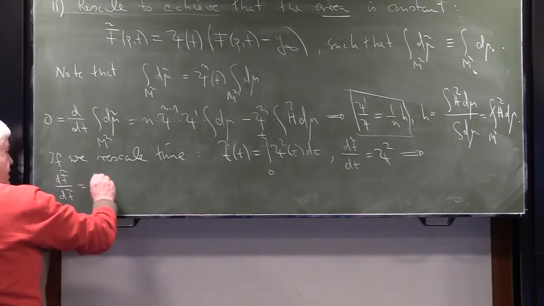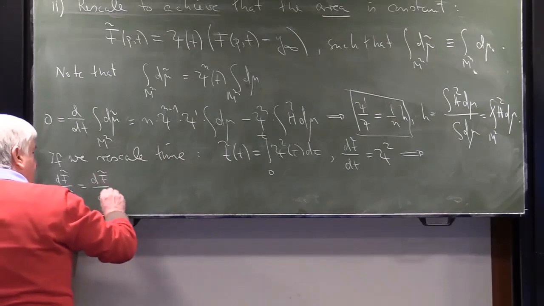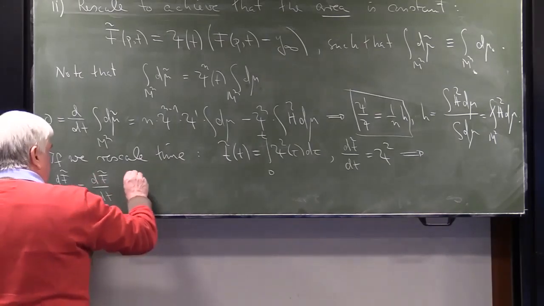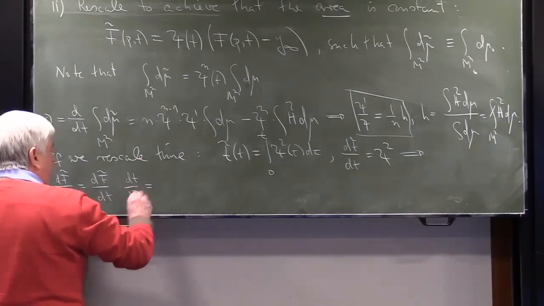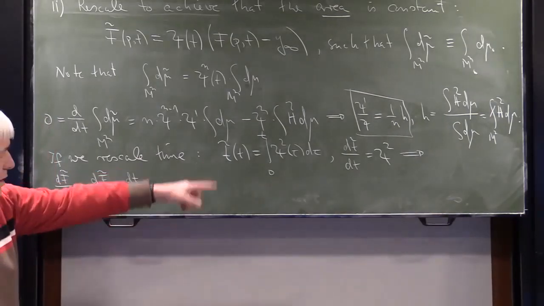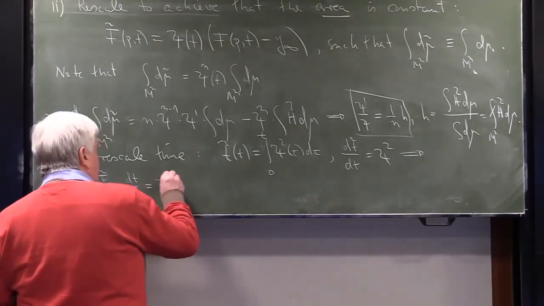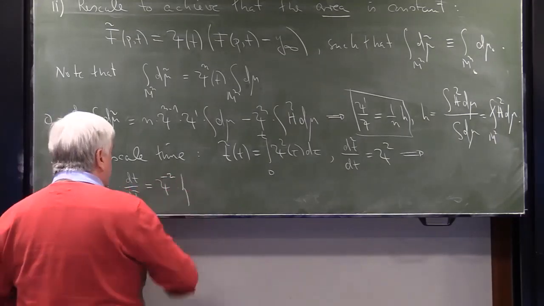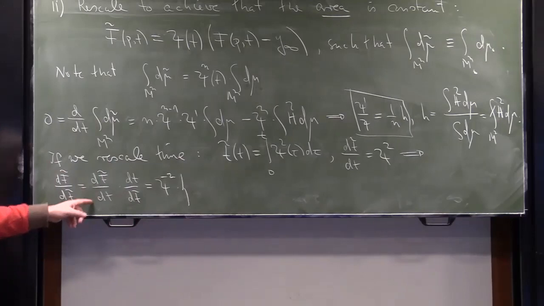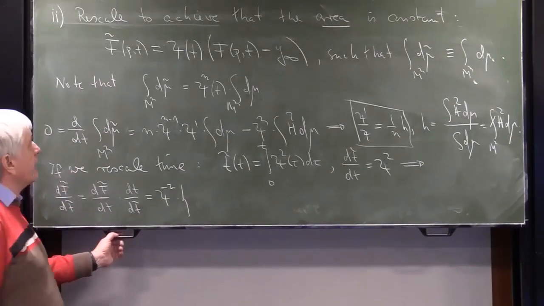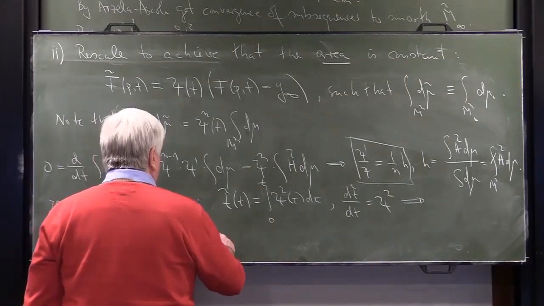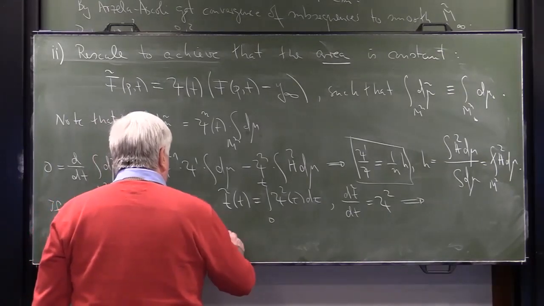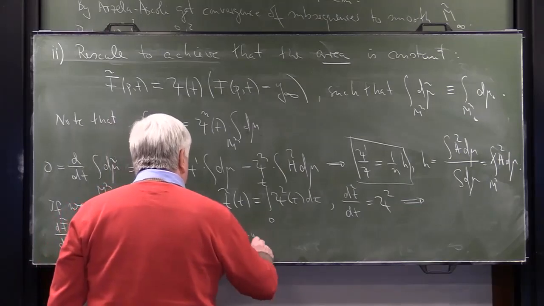This is d f tilde with respect to dt times dt over dt tilde. So this is equal to, of course, psi to the minus 2 times the evolution here, and this is psi dash times f of p,t minus y infinity.